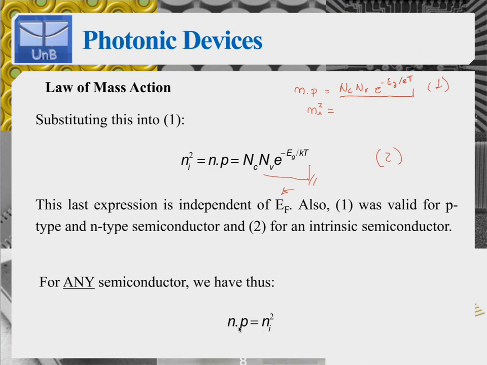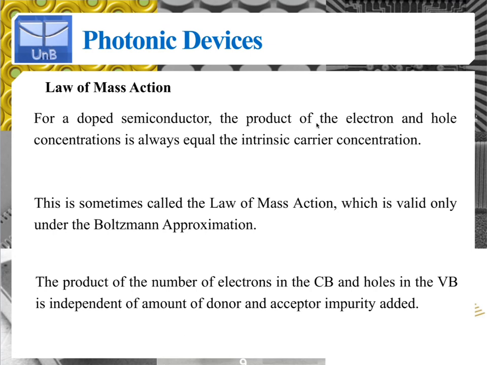But these two do not have to be. So for a doped semiconductor, the product of the electron and hole concentration is always equal to the intrinsic carrier concentration squared, which is sometimes called the law of mass action, and we have to recall that it's only valid under the Boltzmann approximation. Okay, the product of the number of electrons in the conduction band and holes in the valence band is independent of the amount of donor and acceptor impurities added. So this product will always be the same and be equal to Ni squared.